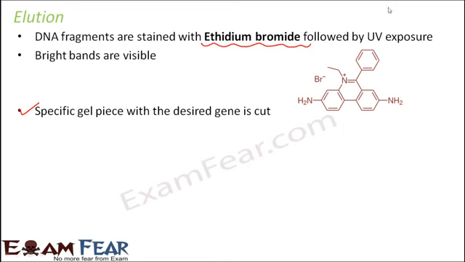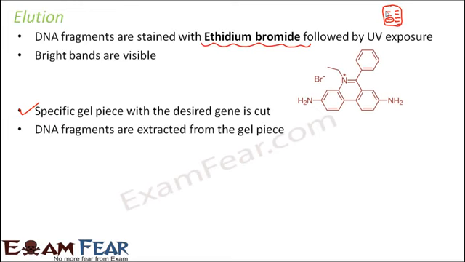So for example, this was the entire agarose gel plate and you have DNA like this. Now let us suppose you decided that you want this particular DNA fragment. So what do you do? You cut this portion of the agarose gel. So the entire DNA fragment along with the portion of the gel is cut from that agarose gel plate.